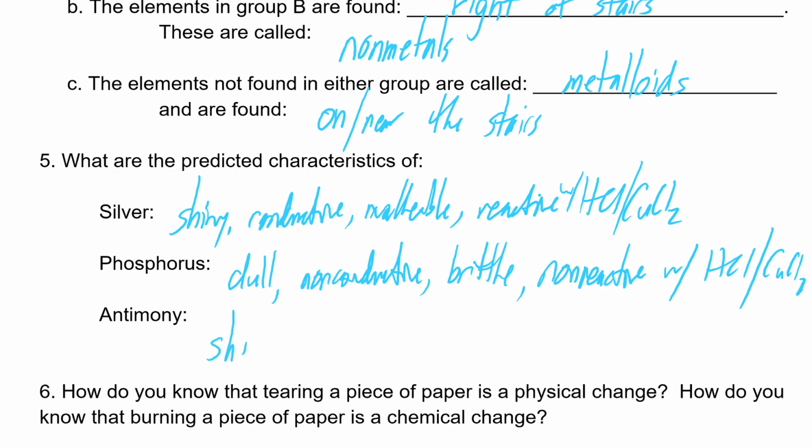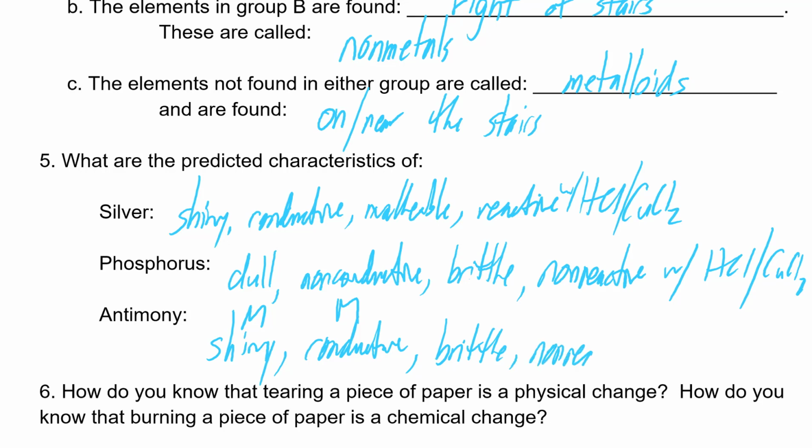So it could be shiny and conductive, like metals are, and we could say brittle and non-reactive with HCl and or copper 2 chloride, and this would be like non-metals.